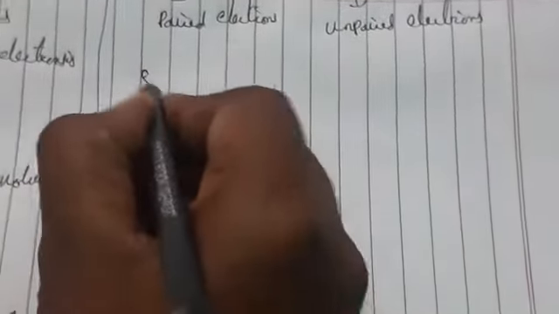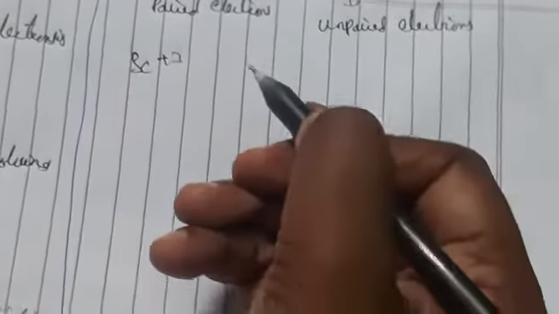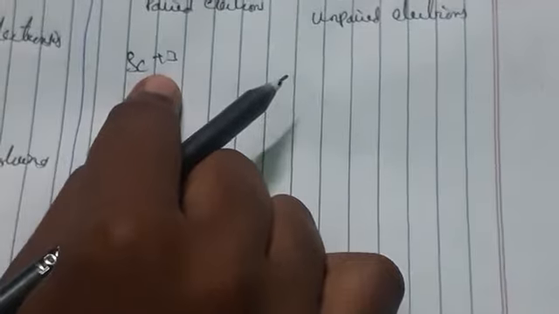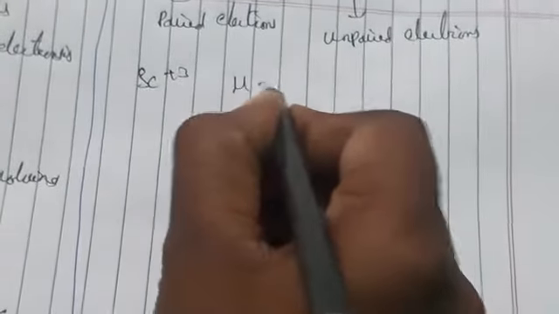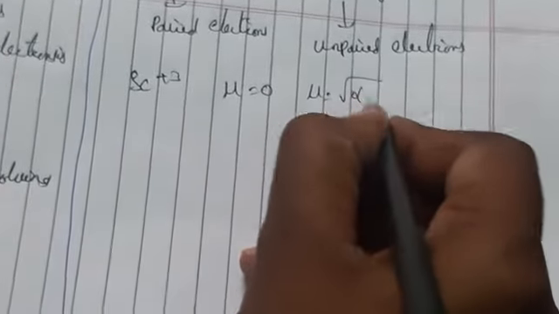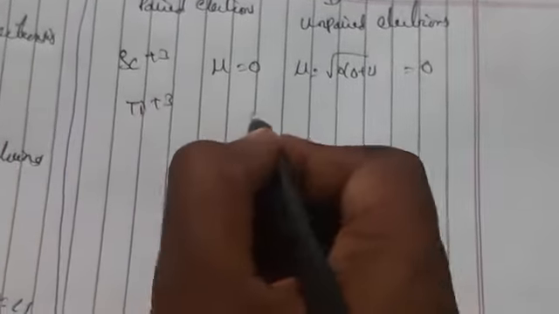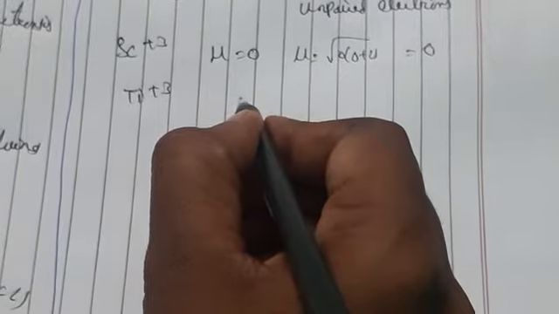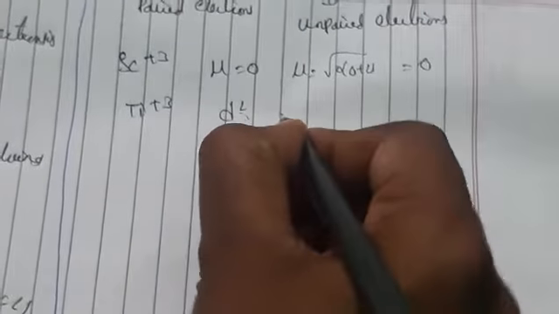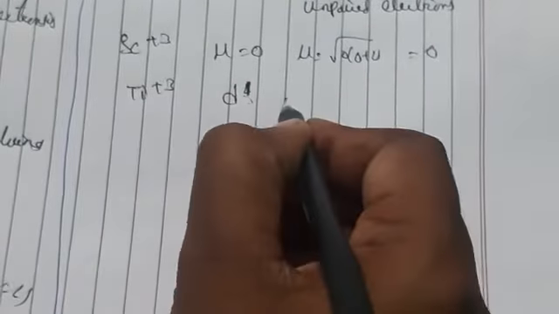So that is scandium. If you are taking Sc plus 3, how many unpaired electrons? 0 unpaired electrons are there. Then the magnetic moment mu value will be 0. If you substitute here 0 into 0 plus 2, it will be 0. And titanium, Ti plus 3, here we are having 1 electron only, D1.